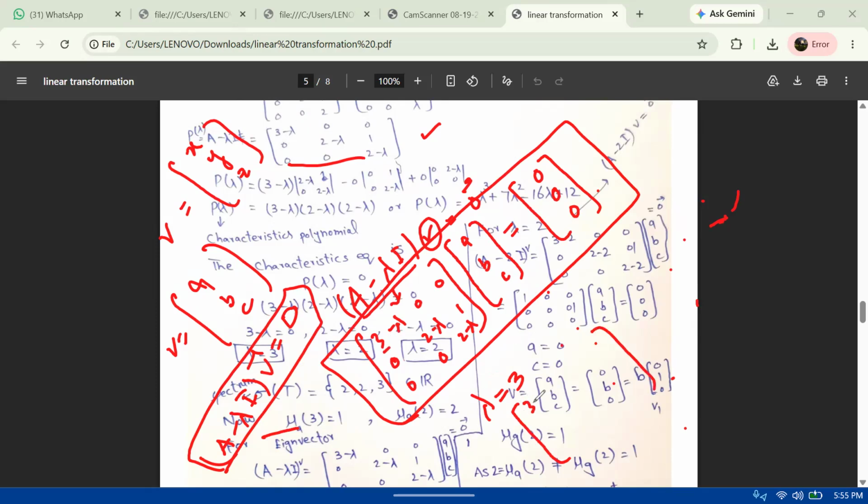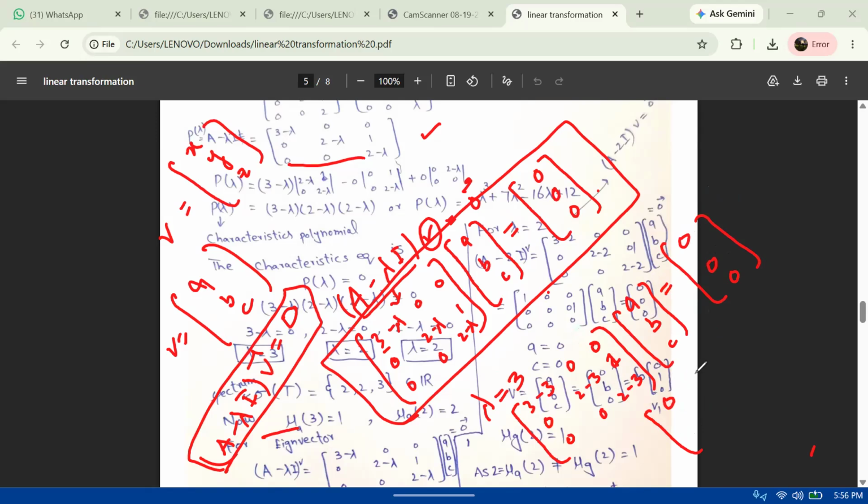I am putting lambda 3 in place of lambda. Here, this 3 minus lambda is replaced with 3 minus 3, which is 0. The other entries are 0, 0, 0, then 2 minus 3, which is minus 1, then 1, 0, 0, and again 2 minus 3, minus 1.